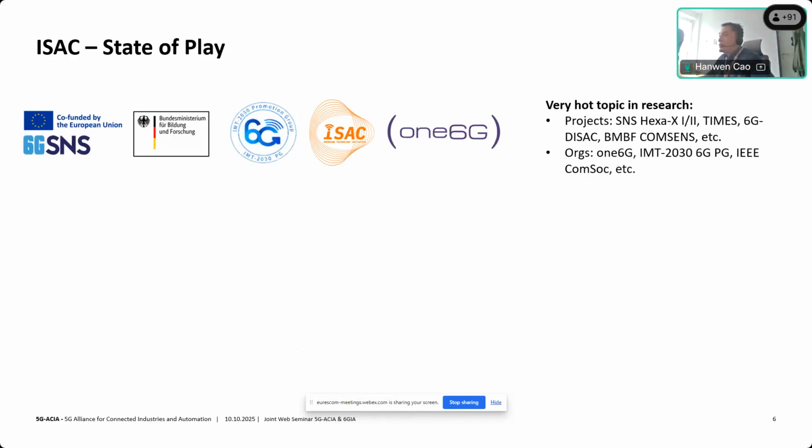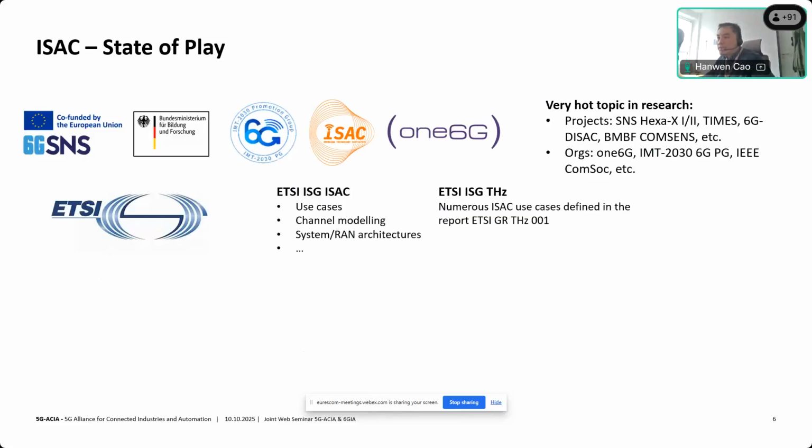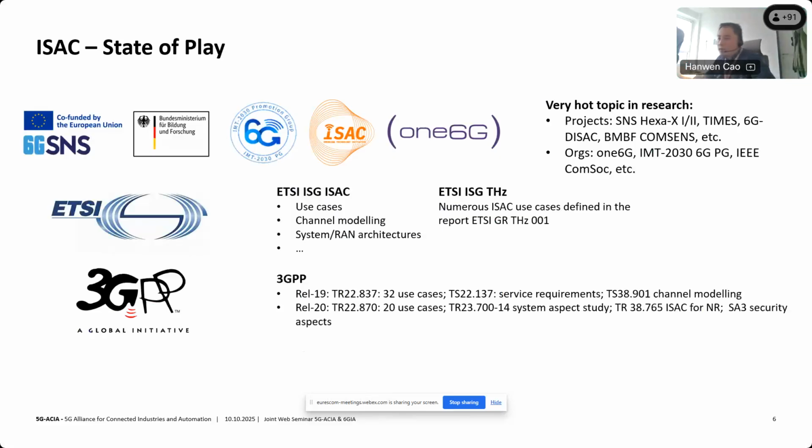And also, of course, some of the good projects that have been aforementioned by the colleagues from SNS have been also investigated partially. Also from the standardization aspect, we have active activities from the ETSI side. They have an ISG on ISAC. They investigate use cases, channel modeling, architecture, and also the earlier terahertz ISG has also some work related to the sensing using the wireless network. And very importantly, 3GPP.